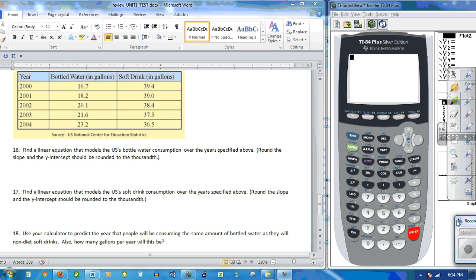Okay, so the first thing we need to do is get this data entered into our calculator, and I'll do that in a sort of abbreviated way here. Real quickly, we go to Stat, Edit, and then in L1 I'm going to enter the years. In L2 I'm going to enter the bottled water data, and in L3 I'm going to enter the soft drink data.